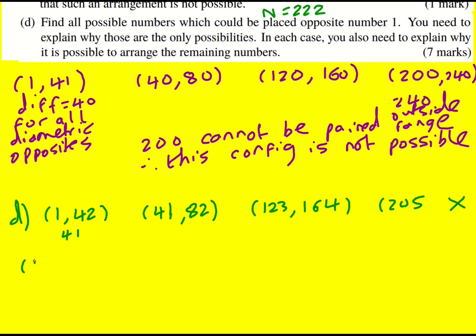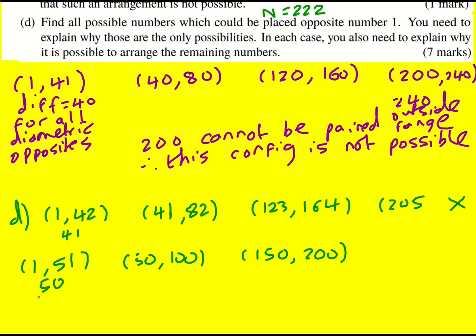I then decided to jump to what about 51? Because that's just a little bit easier to deal with when I've got a difference of 50. So then 50 would be opposite 100. 150 would be opposite 200. And I wouldn't get the unpaired one that I had before.